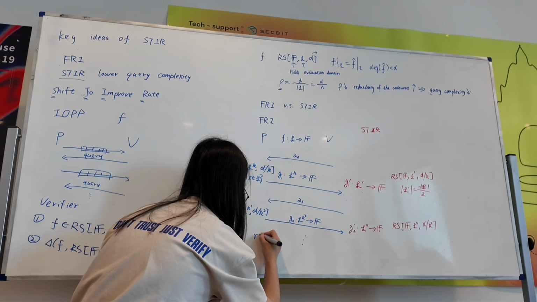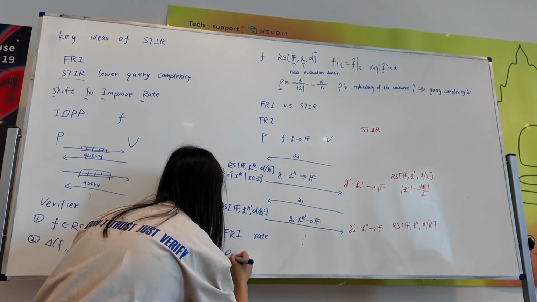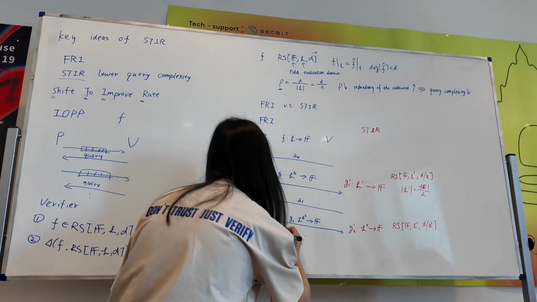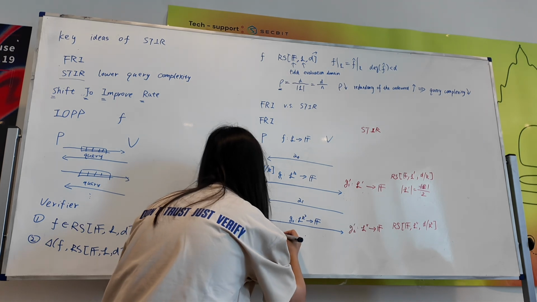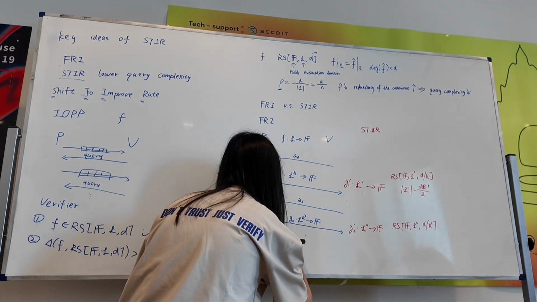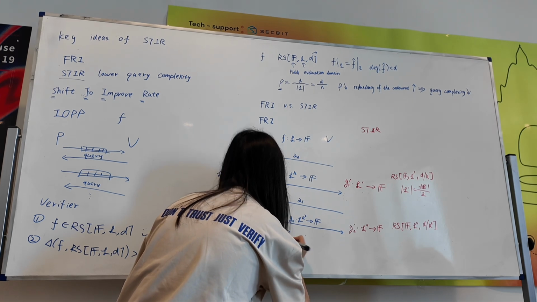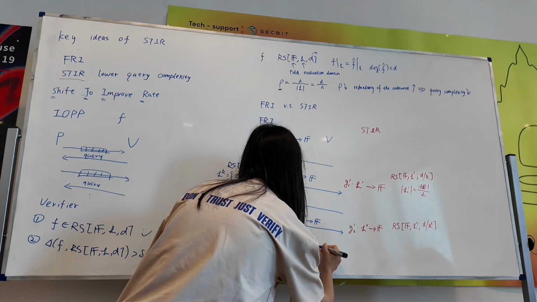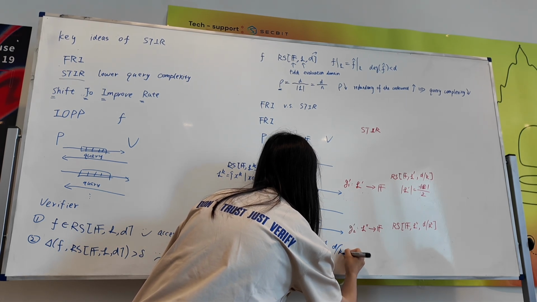FRI rate rho: in the i-th step, it will check that g_i is a code word from RS[F, L^(k^i), d over k^i].